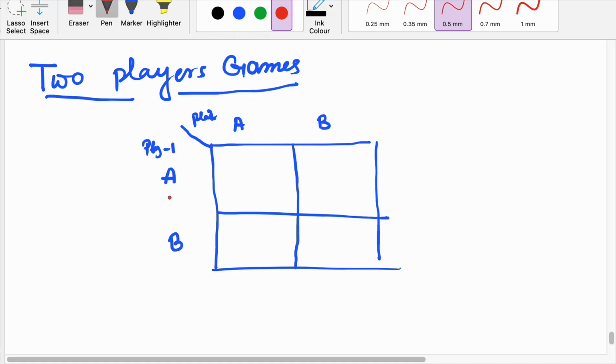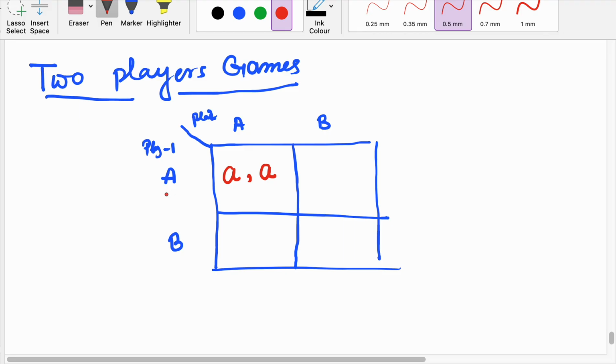If player 1 strategically interacts with player 2, suppose here is the action of the teacher and here the action of the student. If the teacher takes an action and the student takes an action, then the teacher will get some payoff, that payoff is A, and the student also will get some payoff, suppose A again.